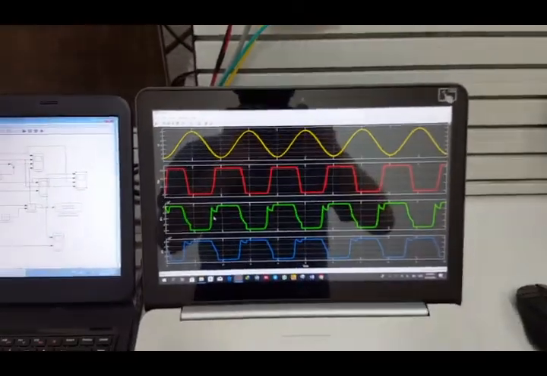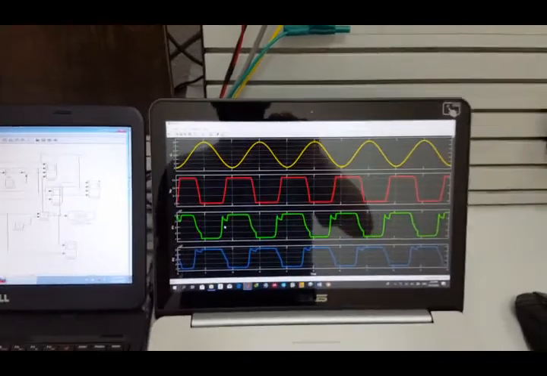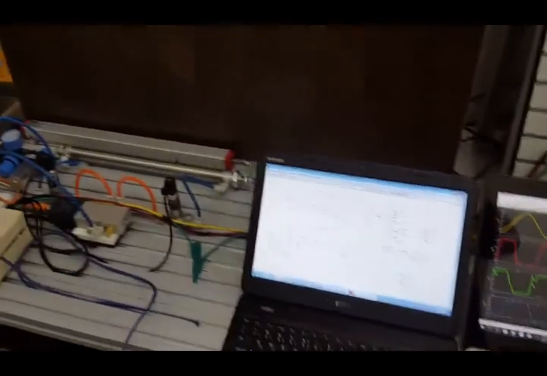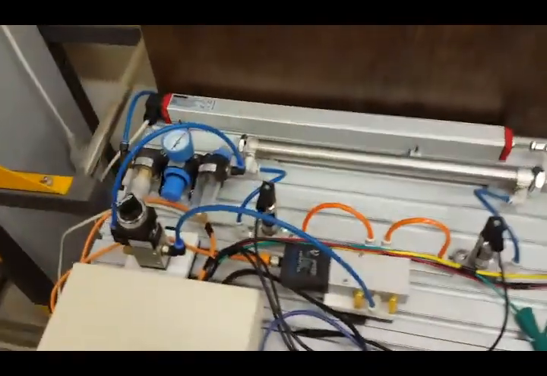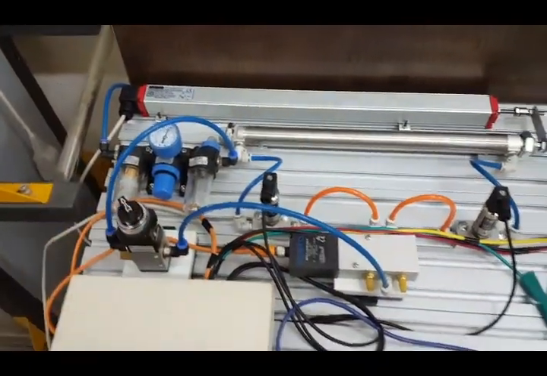Now we're gonna compare the model response with the real system response. So we run the system.